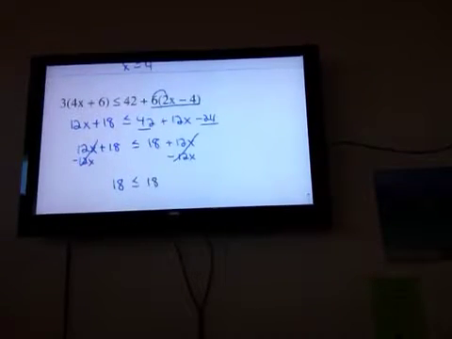And we end up with a statement that says 18 is less than or equal to 18. When your variables drop out and you get a statement, you have to ask yourself, is this true or is this false? Because that's going to determine what our answer is going to be. Our answer is not true or false, but you got to know if it's true or false to determine the answer. So is that true or false?